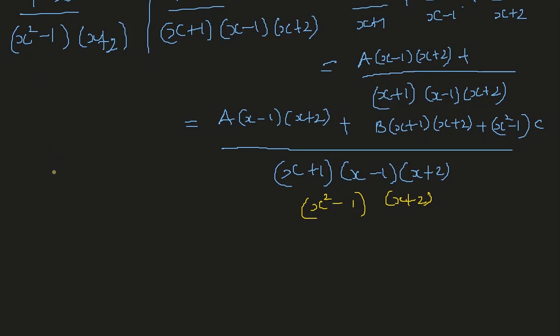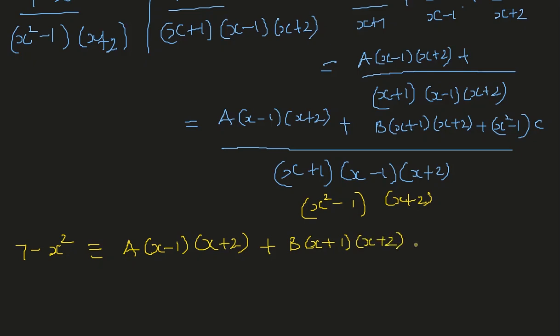So we can conclude that the numerator on the left, 7 minus x squared, is identical to the numerator on the right hand side, which is a into x minus 1 into x plus 2, plus b into x plus 1 into x plus 2, plus c into x squared minus 1. So we find the values of a, b, and c.